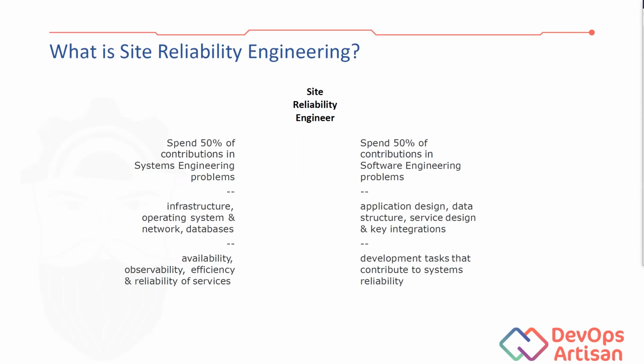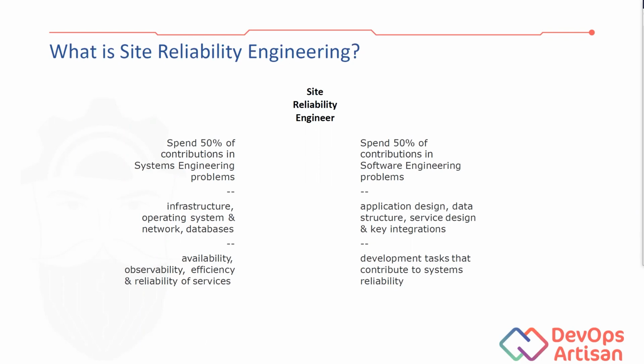So as a site reliability engineer, someone who wants to work on the reliability of systems, we cannot spend 100% of our time on the operational side or on the development side. We try to split the work in some kind of proportion.